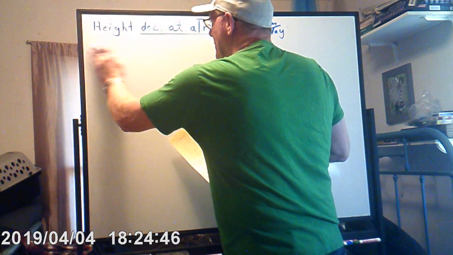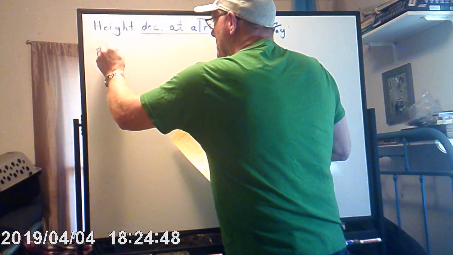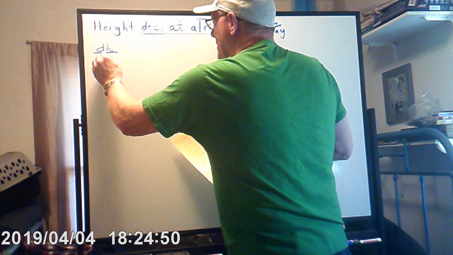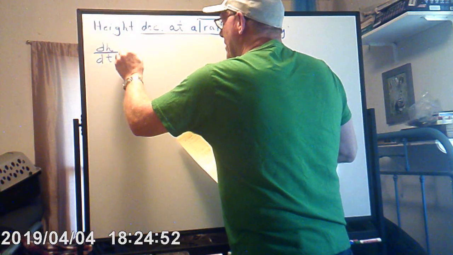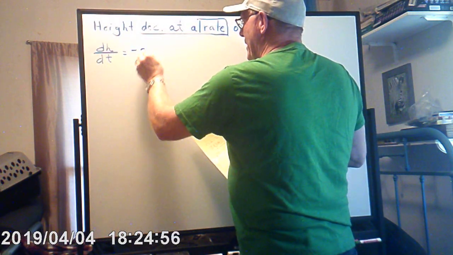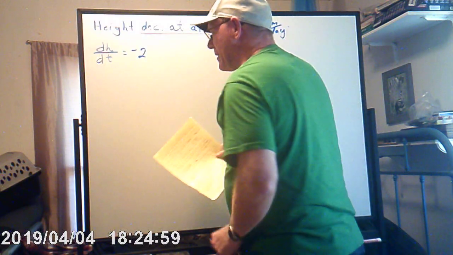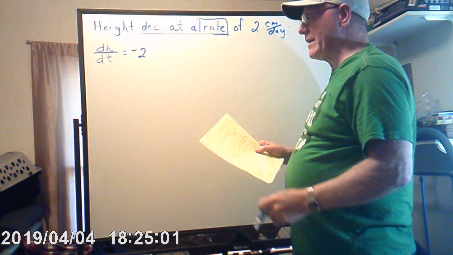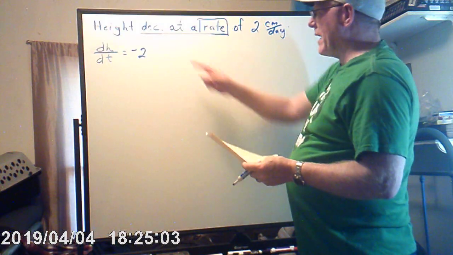Hold on. Bear with me. I'm just going to do it like this. dH over dt. Now we know that it's decreasing. You've got to throw that negative sign in there. If you don't, you're lost from the start. Now dH over dt, height is decreasing.